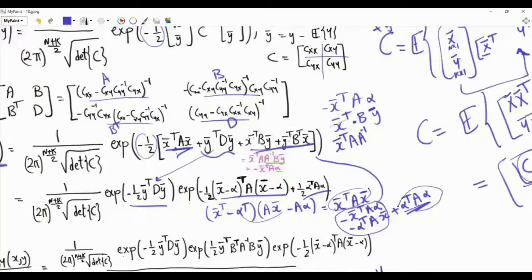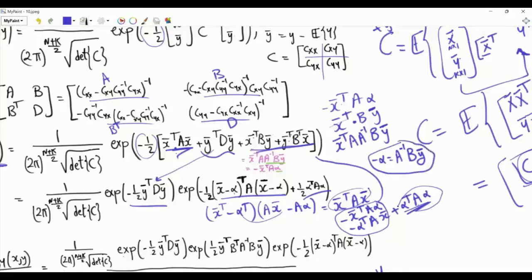So to do the comparison, I will insert A inverse. So this becomes x bar transpose A inverse B y bar. And so to get a match, what should alpha be? Minus alpha must be A inverse B y bar.